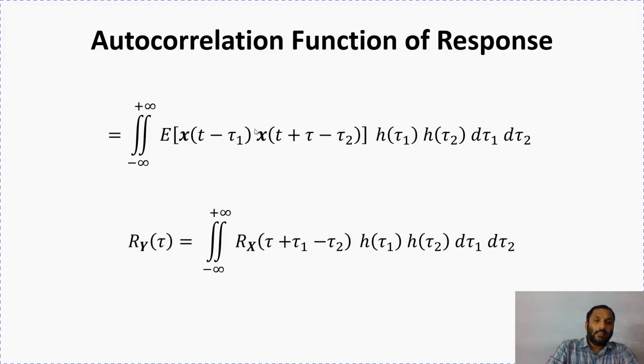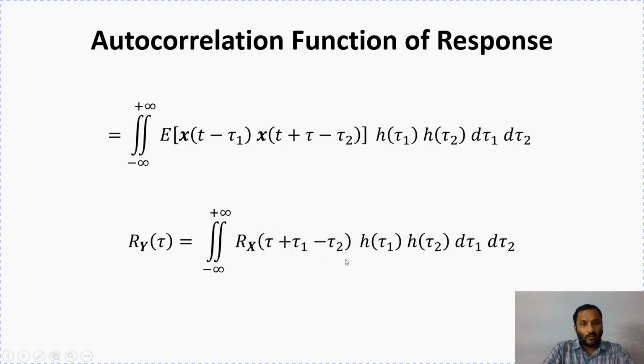Normally, if this is t1 and this is t2, then we calculate the difference as t2 minus t1. So the second time point comes first, and this comes next. So the difference would be t plus tau minus tau 2 minus t plus tau 1, which gives the difference of these two time points.